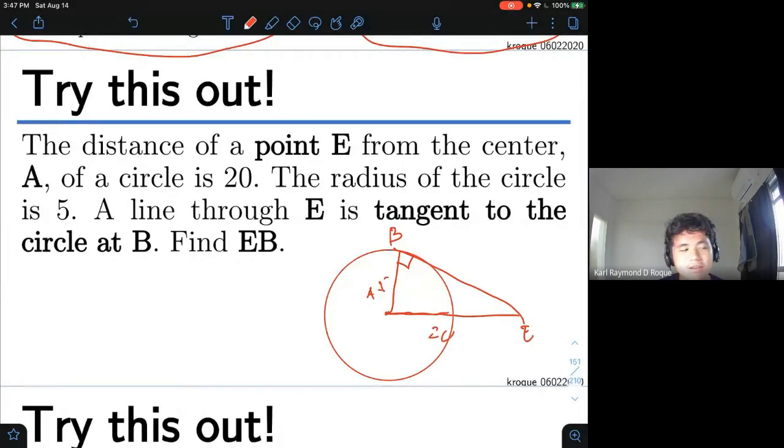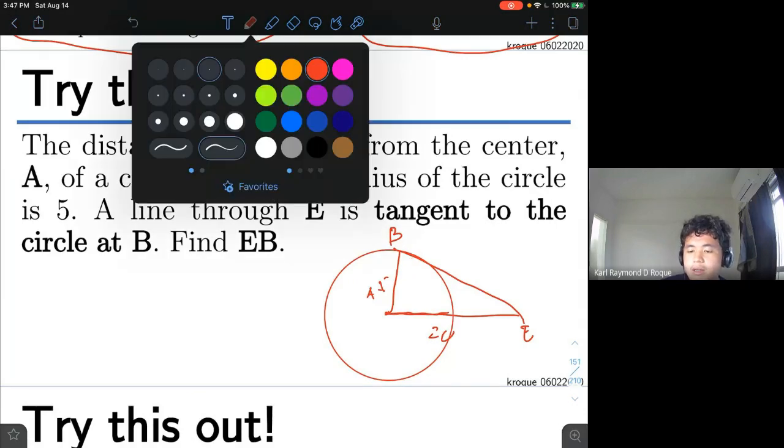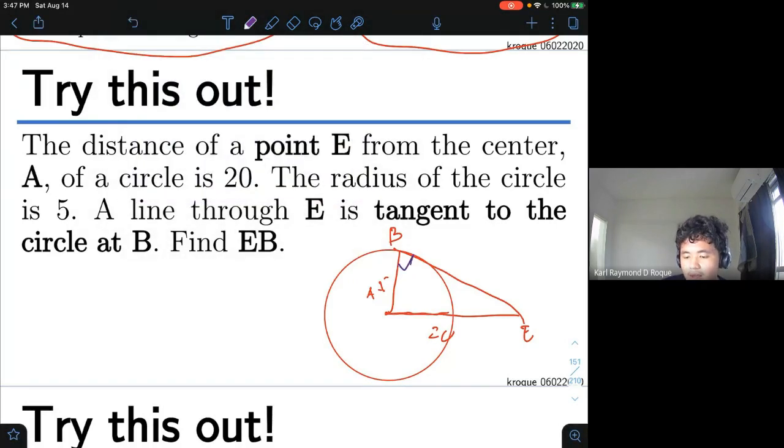Ayun na, tapos na tayo. Ang pinaka-important na technique dito is that ito ay tangent dito. So, let's get the answer. Square root of 400 minus 25. Square root of 375.